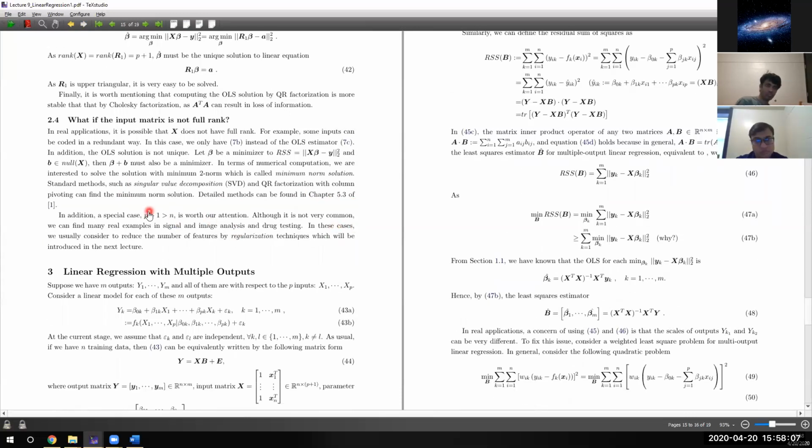Another thing really worth our attention is what if p plus 1 is greater than n? In other words, the number of columns is greater than the number of rows of the matrix X. You may say, hey, that's very abnormal. Yes, it's abnormal. Unfortunately, this situation happens a lot in some areas, especially in pharmacy, let's say in drug testing.